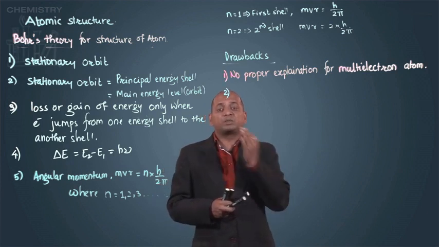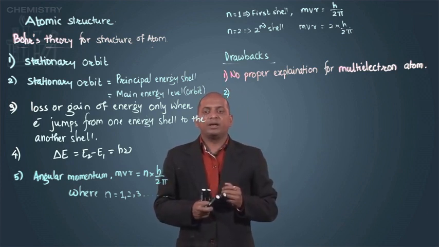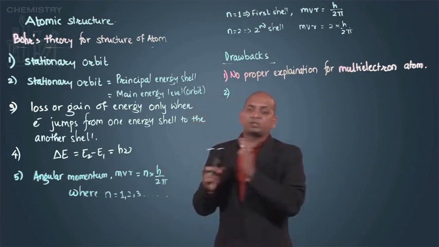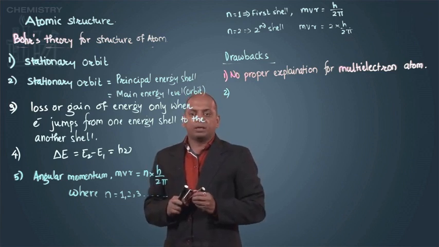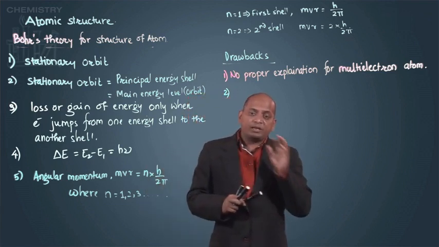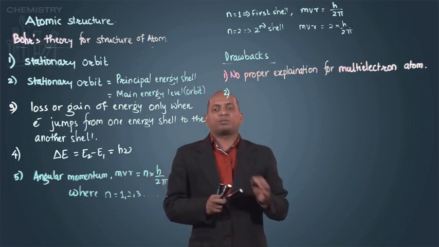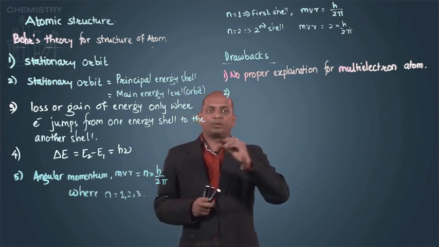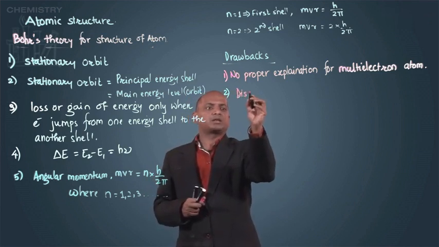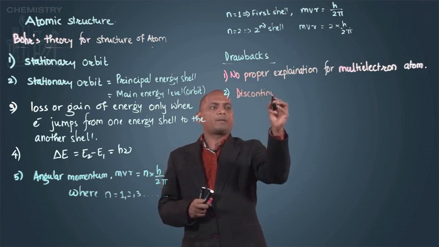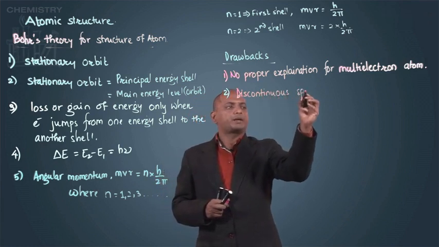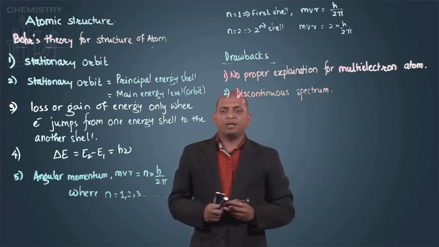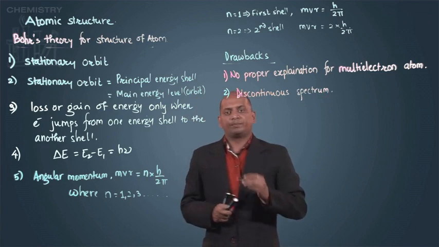Now, how was that splitting was not explained by Neil Bohr. He could explain the discontinuity of the spectrum, but the perfect discontinuous spectrum was not properly explained by Bohr's theory.